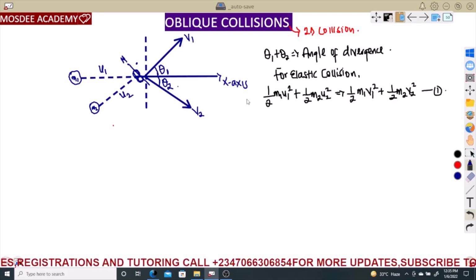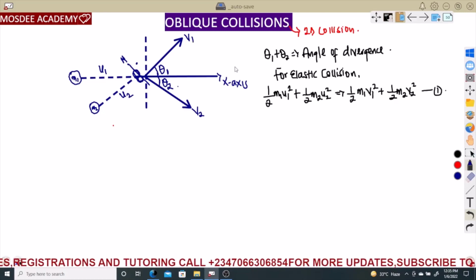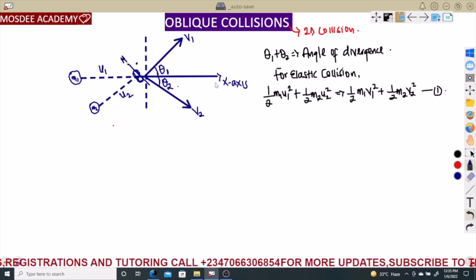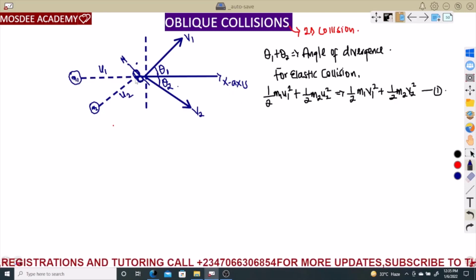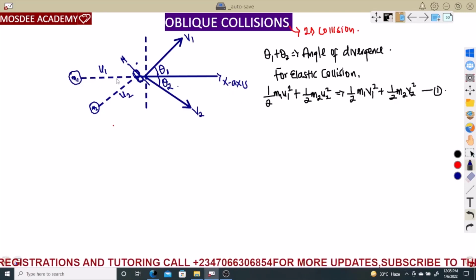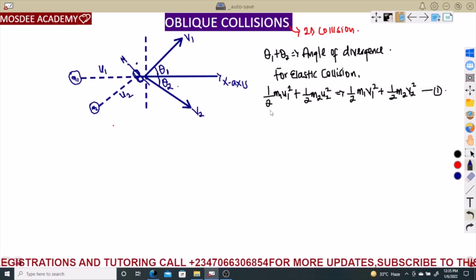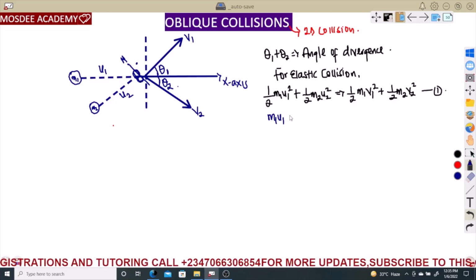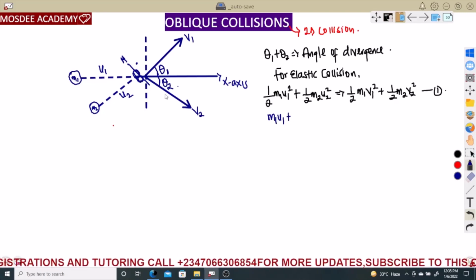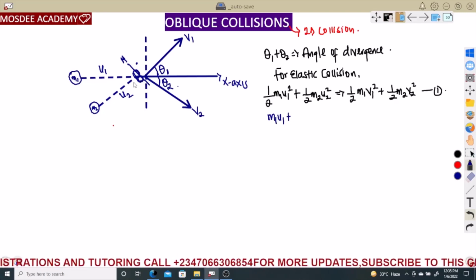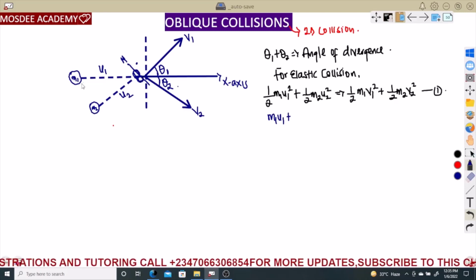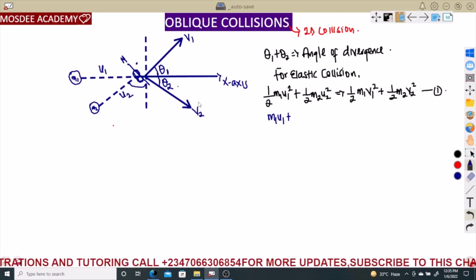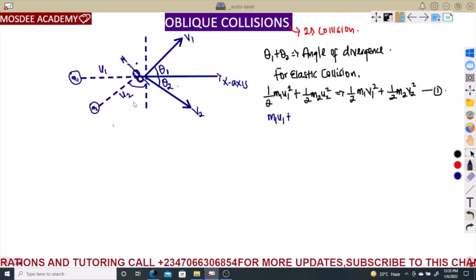So using conservation of momentum as well. Initially, this one is traveling along a straight line, so it is not having any angle initially. Look at where it started, no angle initially. So we can say M1U1, this is the momentum before, plus look at the second one. This one is having an angle initially, which you can see. You can see this one is running along the x-axis. This one is definitely going to have an angle theta 2, which is the angle between the second mass and the velocity.